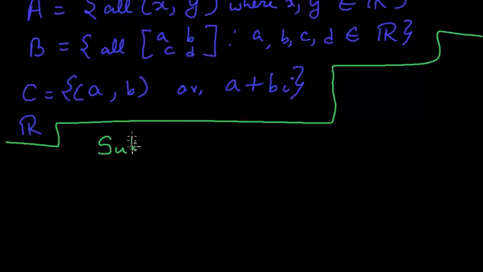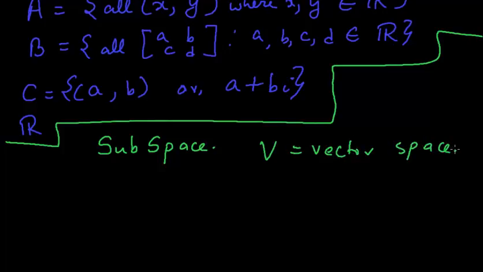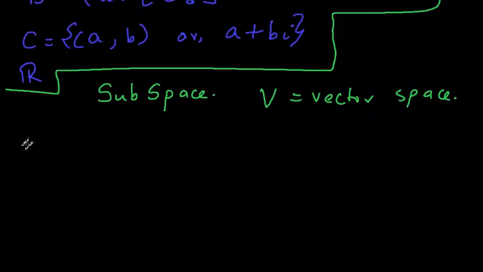Let's look at the subspace. We have the vector space V, where V is the vector space, and let's say we have W, that's a subset of V. W is a subset of V, and W is called a subspace if W is also a vector space.